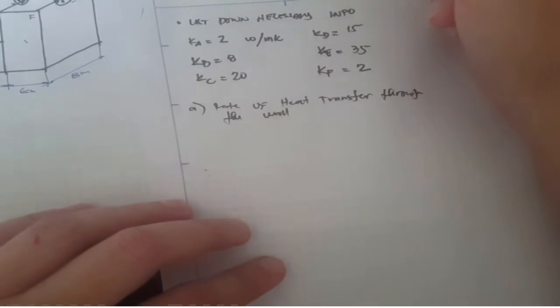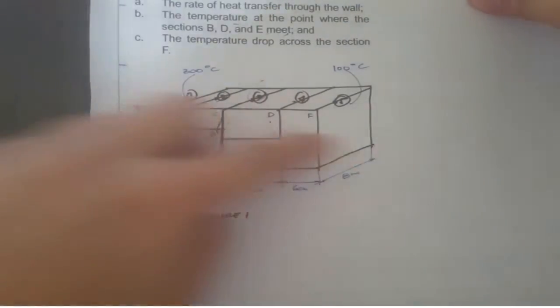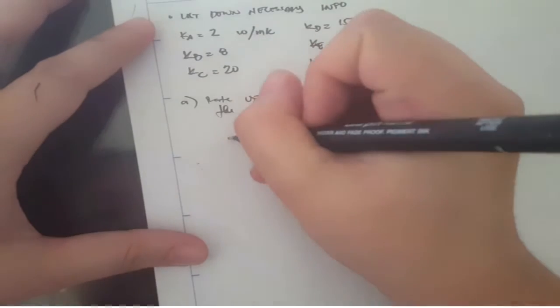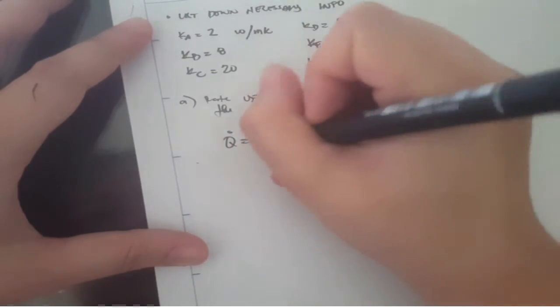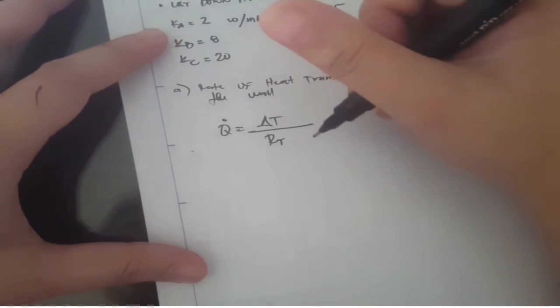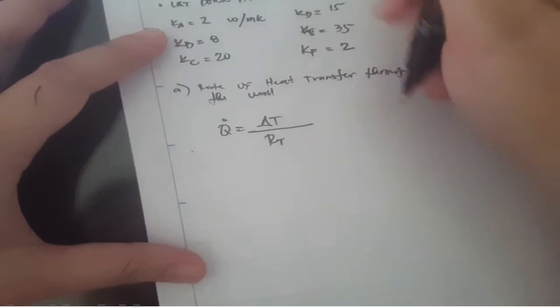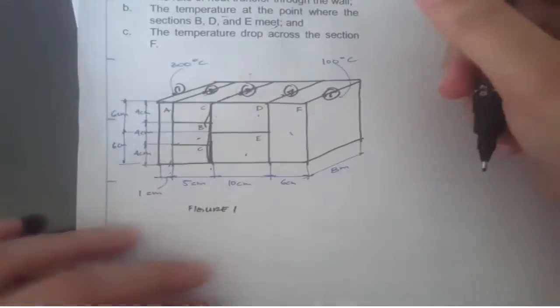Okay, so in order for us to solve for the heat transfer through the wall from point 1 to point 5, we can now use the formula Q is equal to delta T all over the overall thermal resistance of these walls.